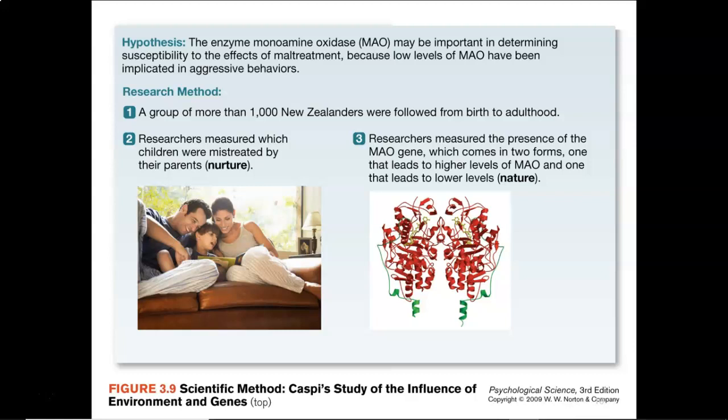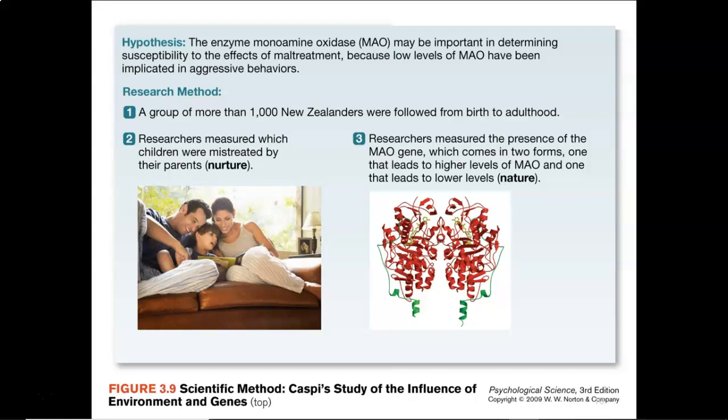And according to his hypothesis, the MAO may be important in determining susceptibility to the effects of maltreatment in childhood, because low levels of MAO have been implicated in aggressive behaviors. So, the MAO is expressed in two ways. Some people have the lower form, and some have the higher level of MAO.